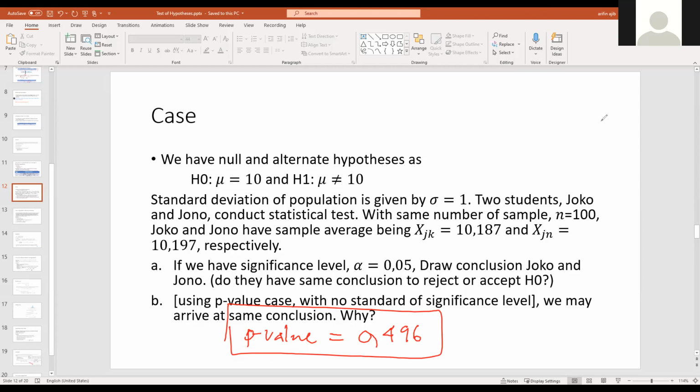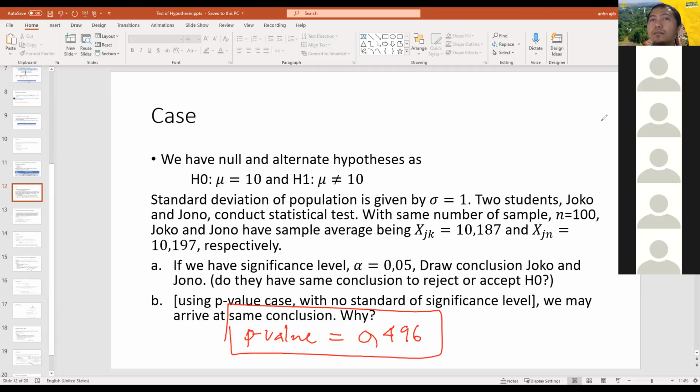Sir, so p-value is basically a probability of Z more than the value that we find from the experiment? Yes. Actually, same with the significant level.